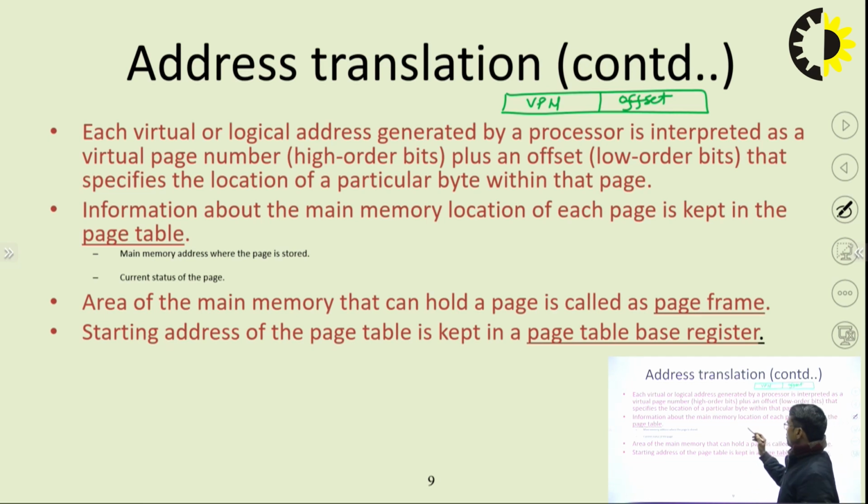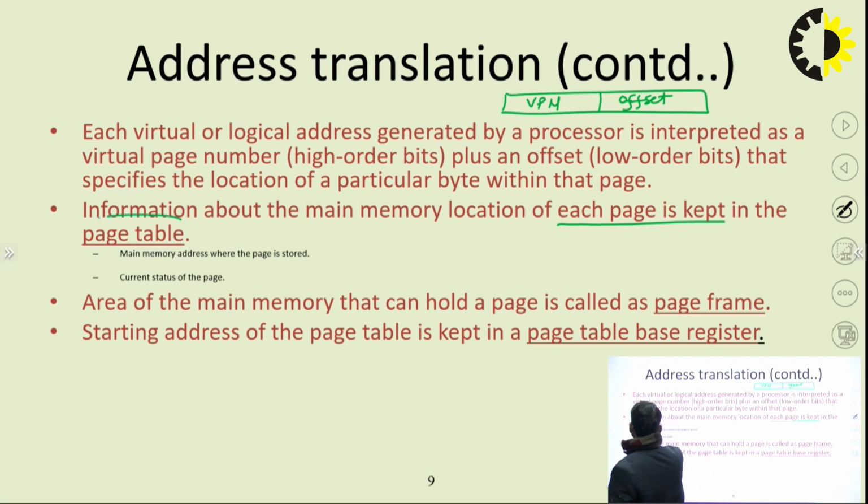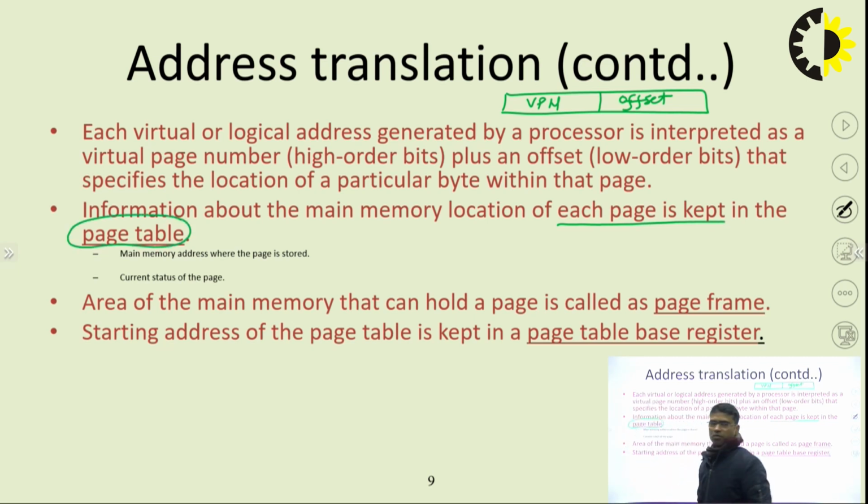Information about the main memory location for each page is kept in a table, which is very important for the process to refer to a page again. For every process which is currently running, we maintain information about the pages to be used by that program, and that is kept in the page table.